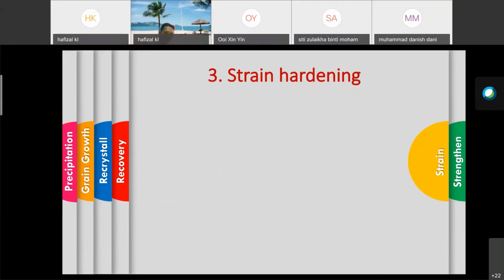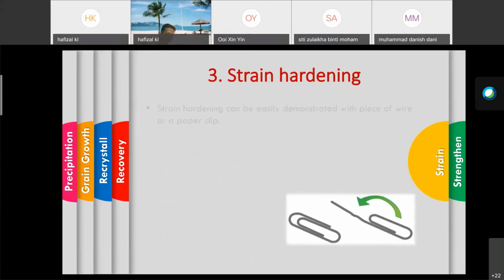We can see this from the analogy of a pin here. Once we bend the pin, it will produce changes at this point: the ductility is reduced, and at this point the hardness and also the strength will increase.